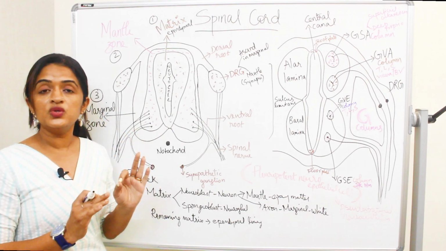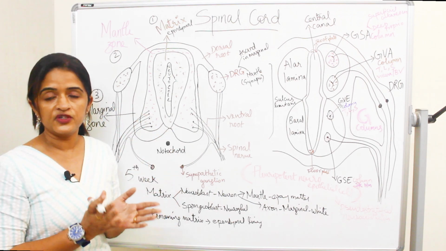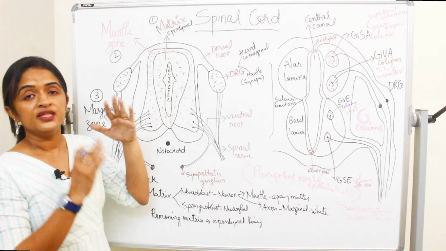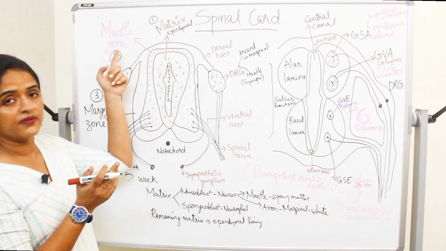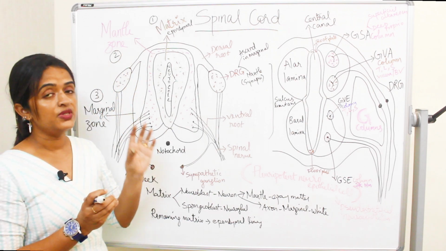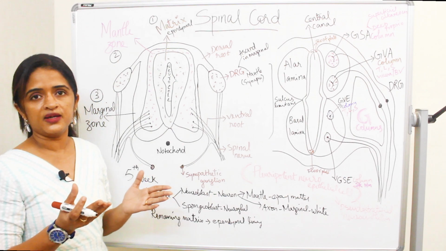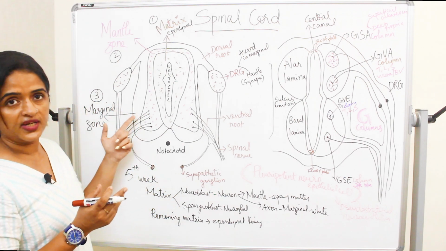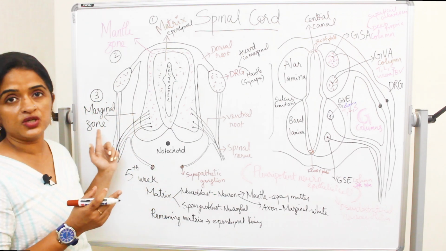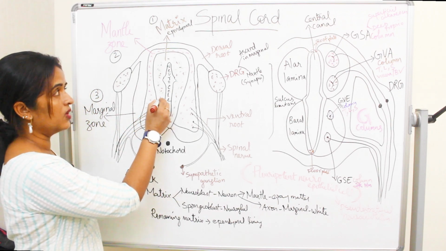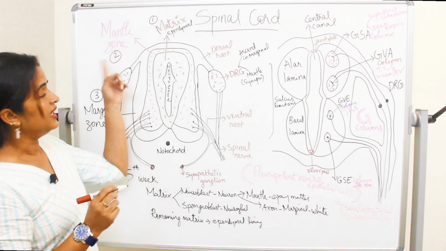So three zones are developed from the walls of the neural tube. The innermost, the matrix zone or the ependymal zone. Just outer to it, we have the mantle zone, where we have the cell bodies of the migrating neurons, which forms the grey matter of the spinal cord. And outer to it, we have the marginal zone, which is mainly occupied by the axons of these neurons, which are concentrated in the mantle zone.